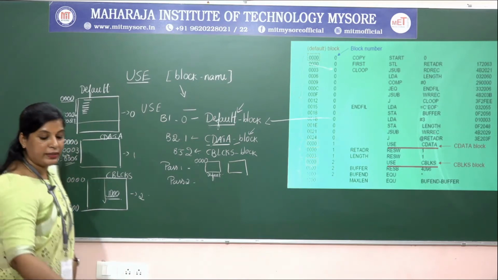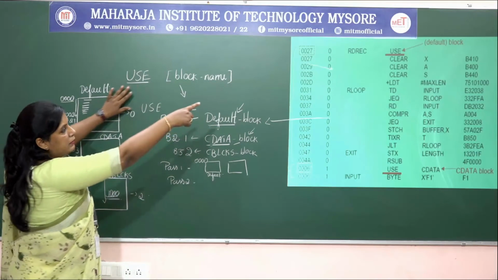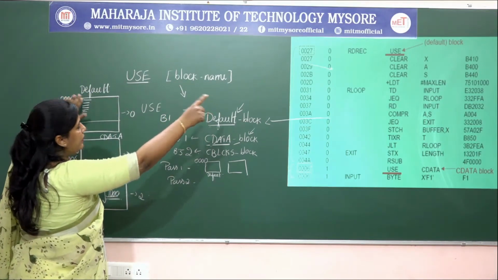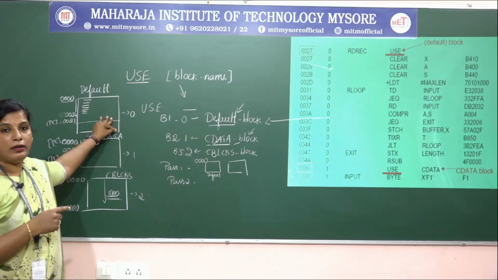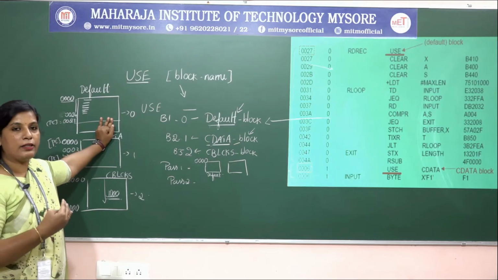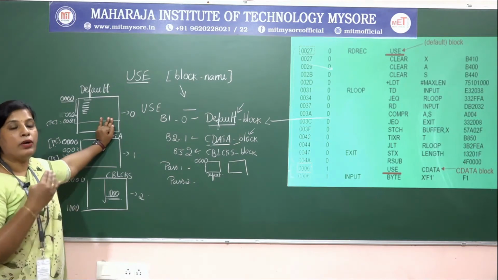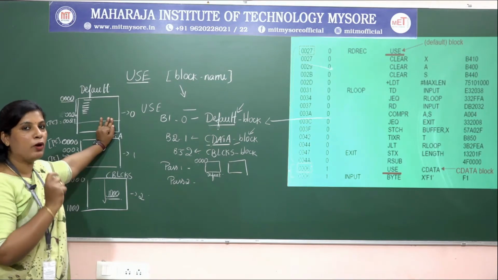Again it encounters another USE assembler directive with no block name, meaning the default one. Whatever instructions are present after that USE directive must be copied to the default block only.